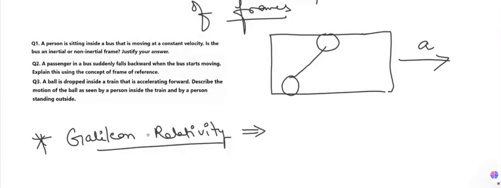Basically, Galileo did many experiments, Akshita, with both live and dead objects, and came to the conclusion that the basic laws of physics are the same in all inertial frames of reference.